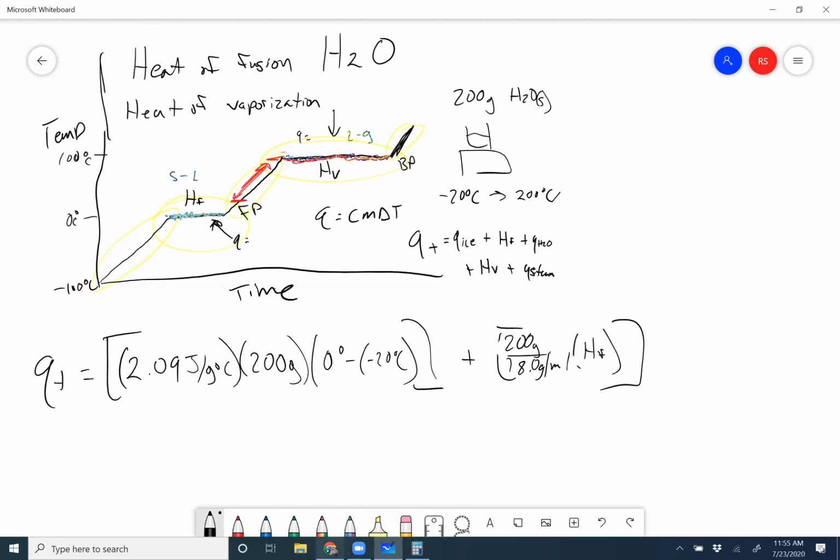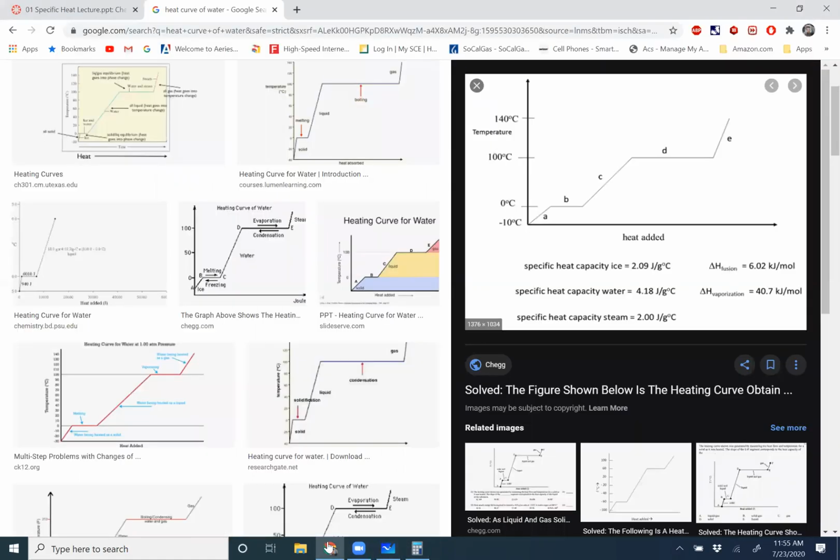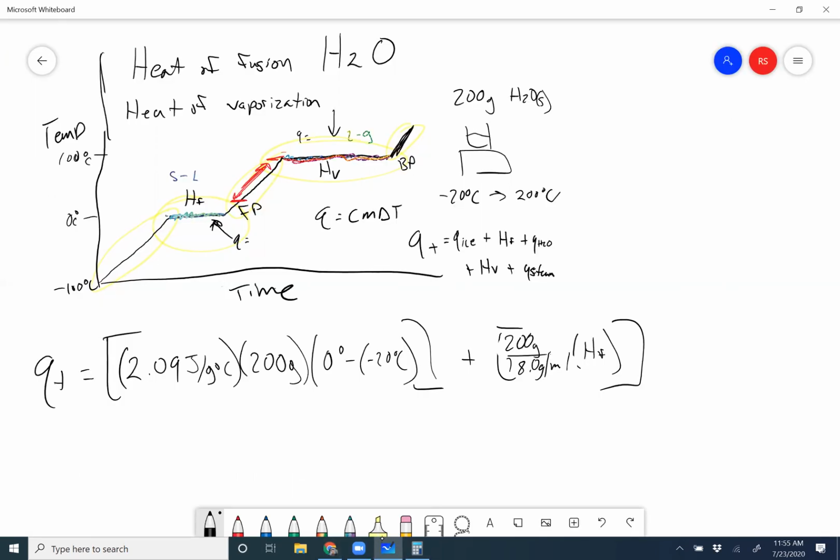The heat of fusion for water is 6.02 kilojoules per mole. And again, this is why I'm not going to have you guys do this, because this number's in kilojoules, but this number's in joules. So we'll have to do a step at the end where we convert everything to kilojoules or convert everything to joules. And again, that's why I'm not making you guys do this at home.